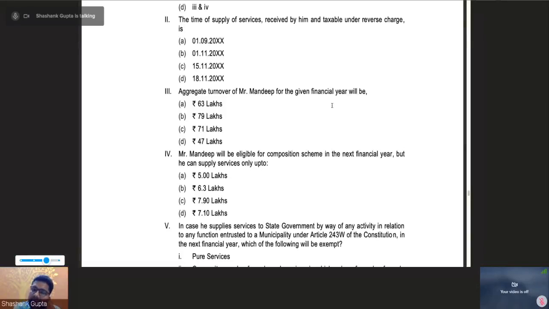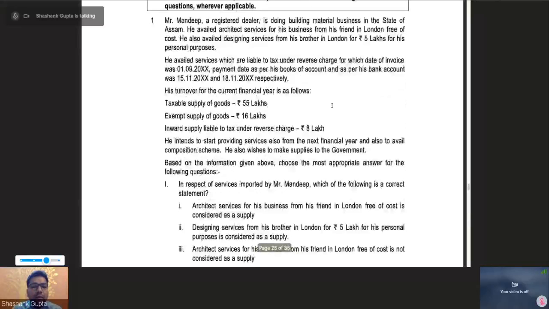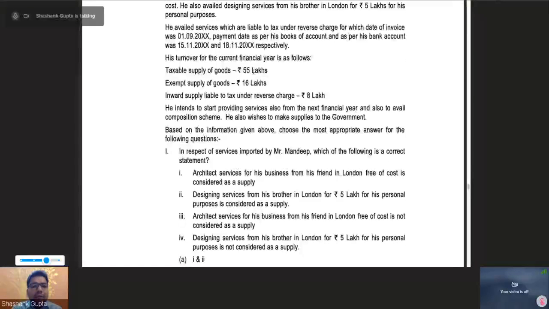Next, aggregate turnover of Mr. Mandeep for the given financial year. So let us see what all is to be added for determining the turnover. Will this reverse charge supply be considered for turnover? No. Will taxable supply of goods be considered? Yes.